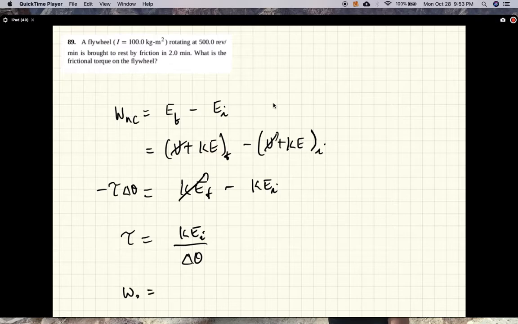initial angular velocity is 500 revolutions per minute, and each revolution is 2 pi radians, and 1 minute is 60 seconds.